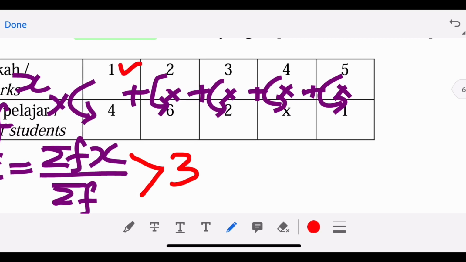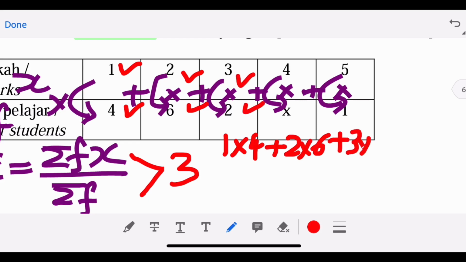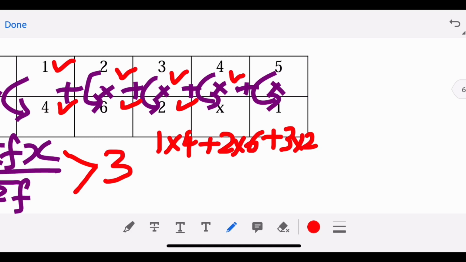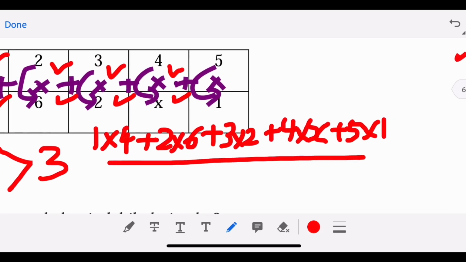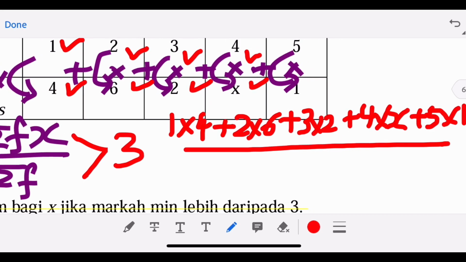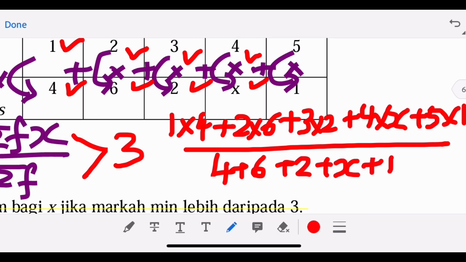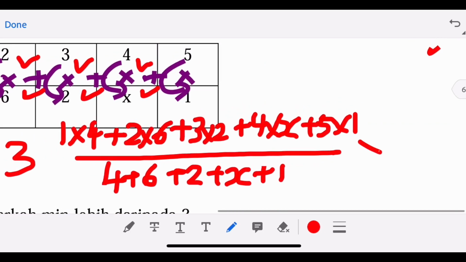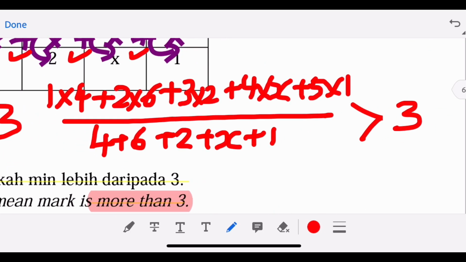So: 1 times 4 plus 2 times 6 plus 3 times 2 plus 4 times x plus 5 times 1, over the total frequency. The frequency will be 4 plus 6 plus 2 plus x plus 1, and we must make it more than 3 according to the question, right?